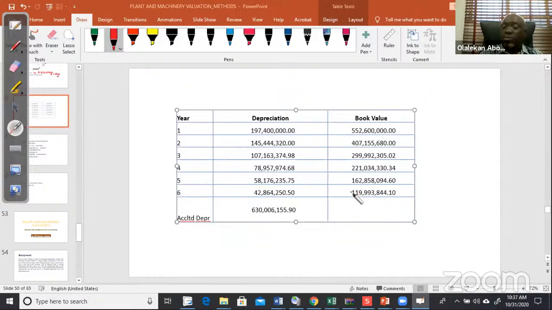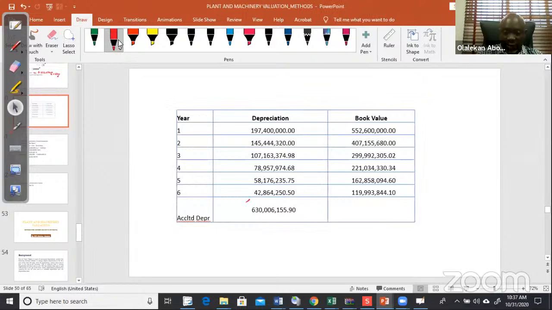What you have here represents the book value at the end of year 6, which question 3 asks you to do. Then accumulated depreciation is the summation of depreciation for years 1, 2, 3, 4, 5, and 6 together. That gives you this. Let me mark on that.